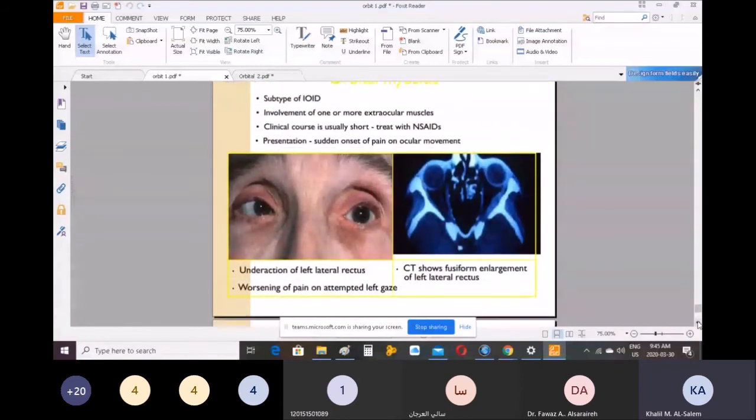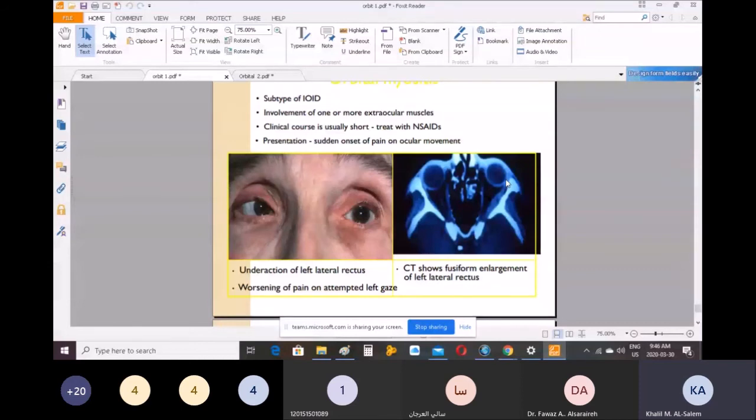Myositis is also a subtype of idiopathic orbital inflammatory disease. This really involves one extraocular muscle. As you can see here in this CT scan, only one muscle is affected, and even the tendon is affected. What we used to learn in the old days is that Graves' disease doesn't affect the tendon, so you have an enlargement of the muscle without involvement of the tendon.